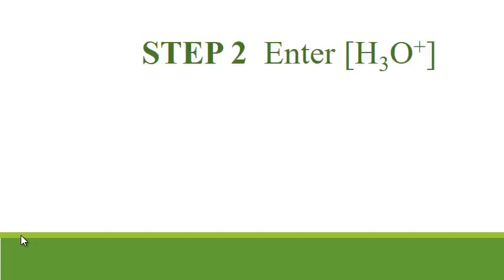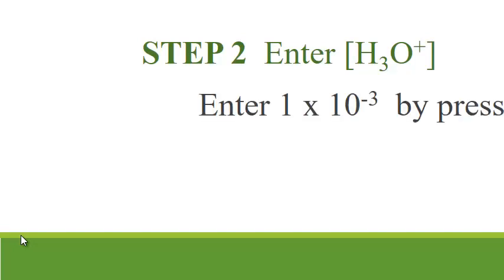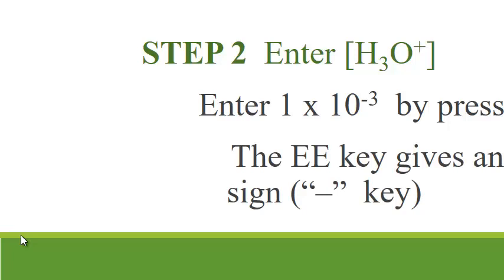Once you hit the negative log, you get a parentheses, and you're going to enter the concentration of the hydrogen ion, which is 1.0 times 10 to the negative 3. You do this by entering 1, then hit your EE, which is often a second button. On mine, it's the second above the comma, and then hit 3. By hitting the EE, it's going to mean times 10 to the negative 3.